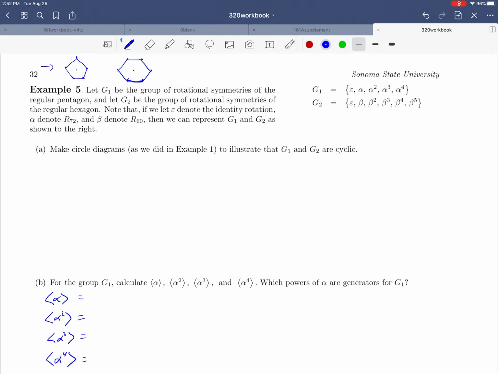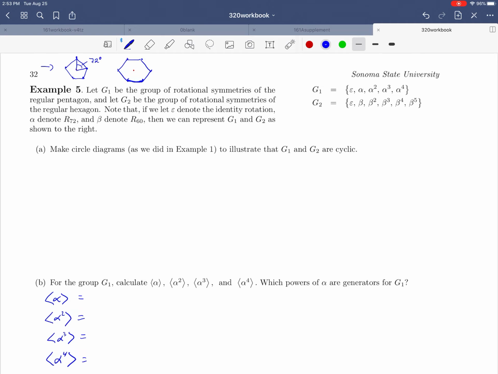So here we have our pentagon, and how can you rotate that pentagon to put it back into its original position, so that you can't tell that you moved it? Well, you can rotate by 72 degrees. This angle right here is 72 degrees.